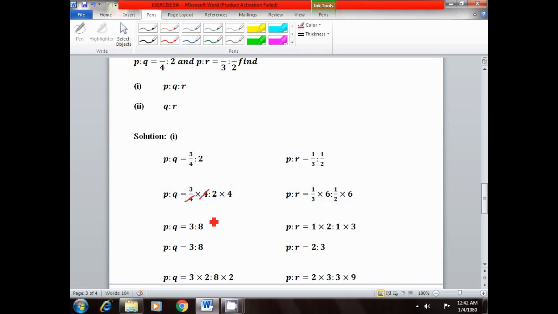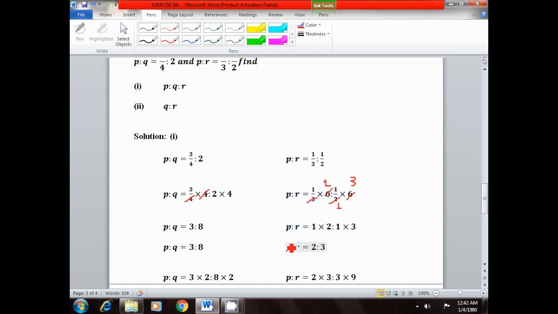So we have 3 ratio 2 times 4, 8. We have removed the denominators. Now on the right side we can divide 6 by 3, because 3 times 1 is 3, 3 times 2 is 6. Same as 2 times 1 is 2, 2 times 3 is 6. We have left 1 multiplied by 2 ratio 1 multiplied by 3.